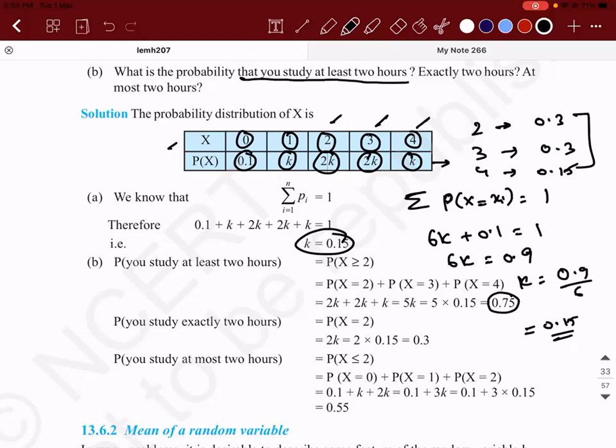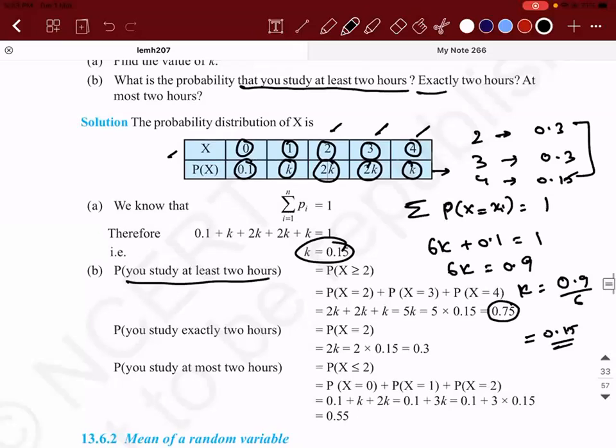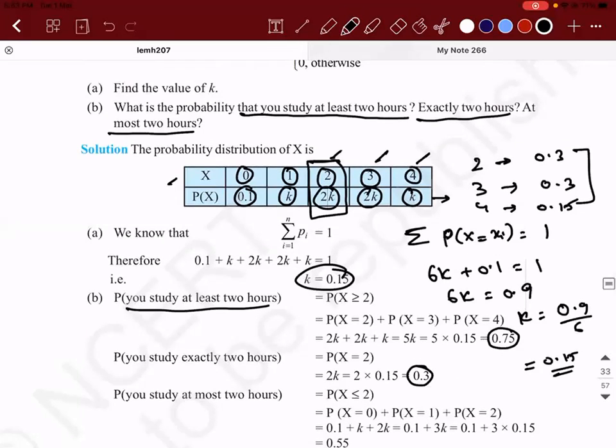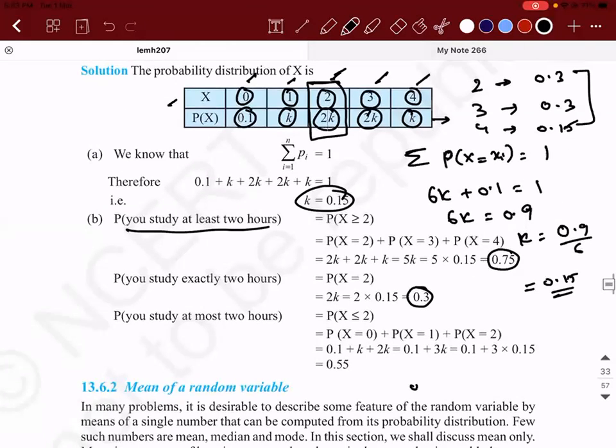So the probability of you studying at least 2 hours is 0.75. Exactly 2 hours is 0.3. And at most 2 hours means 0, 1 or 2. So it will be 0.1 plus 0.15 plus 0.3, which is 0.55.